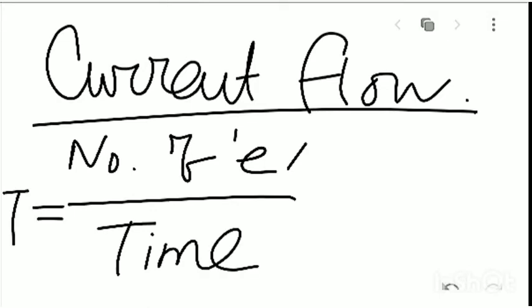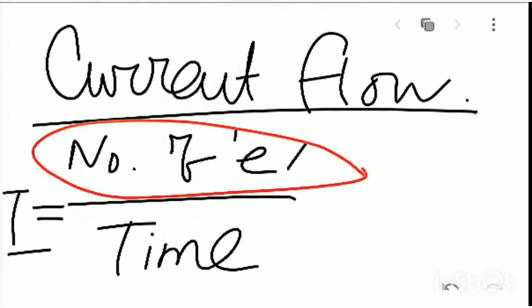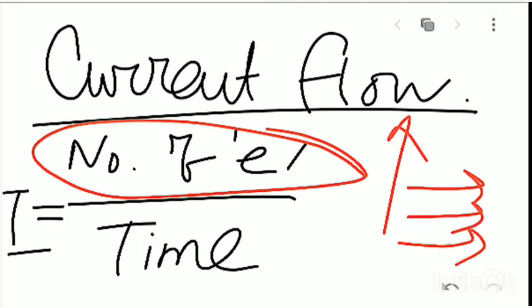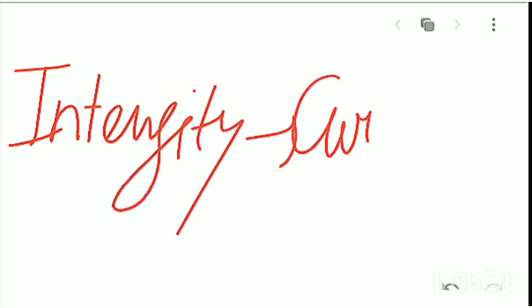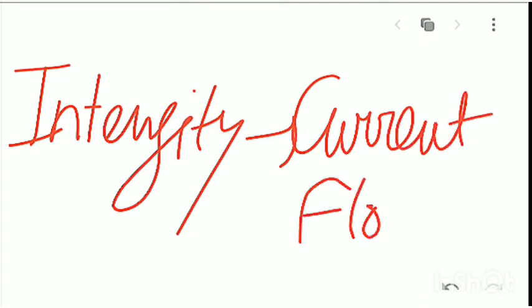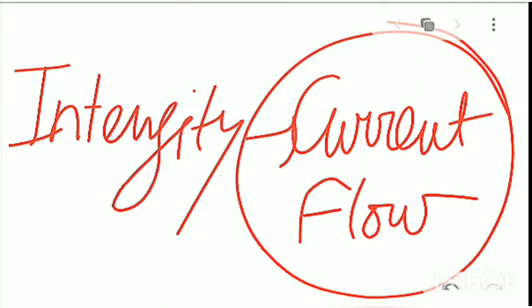So if I can increase the current flow, the number of electrons moving can be increased, and the filament will give us more thermionic emission, and as a result we will get more X-rays, and so we can achieve higher intensity. So intensity can be controlled by controlling the current flow. This is the first kind of controllability we are looking for.